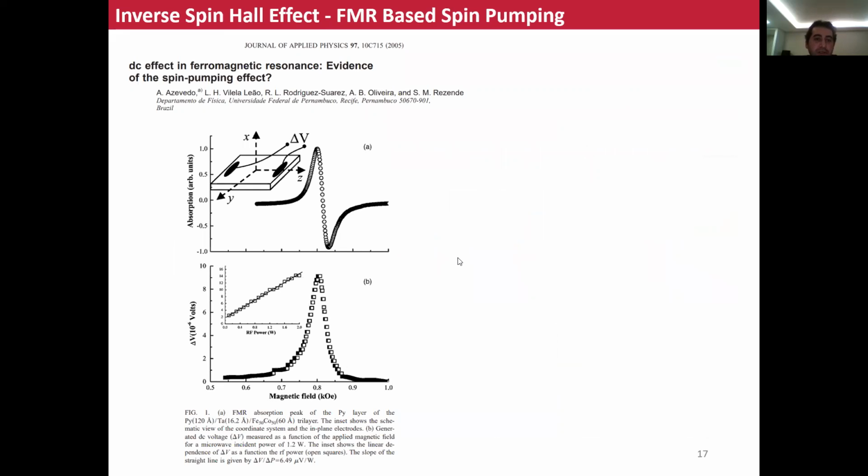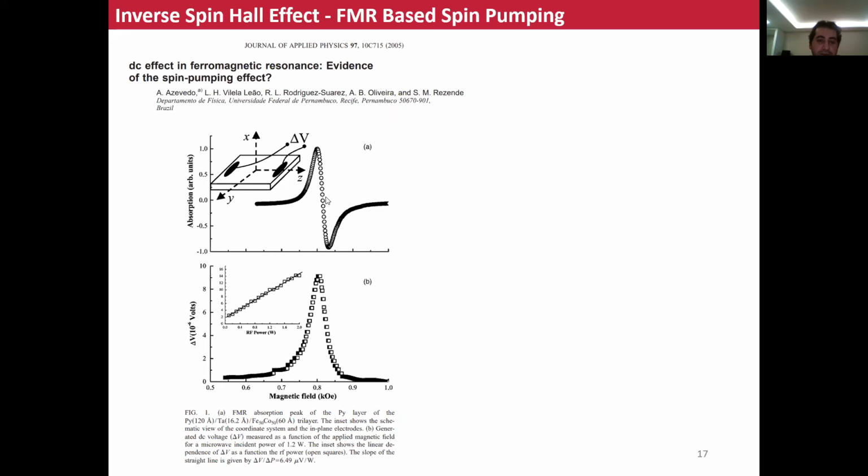another spin injection method was discovered by Azevedo et al. in 2005. In their experiment, they used permalloy, tantalum, and iron cobalt materials, a tri-layer structure, and they used ferromagnetic resonance.